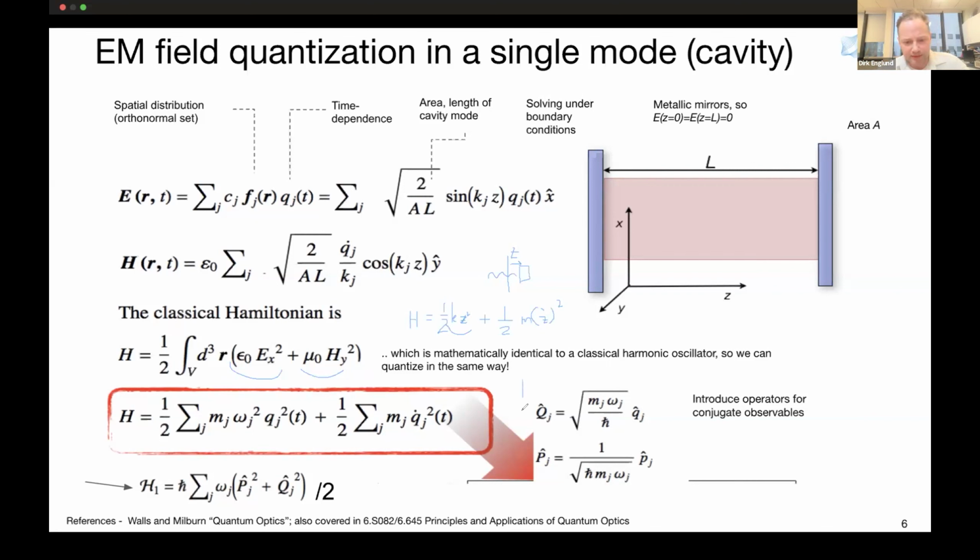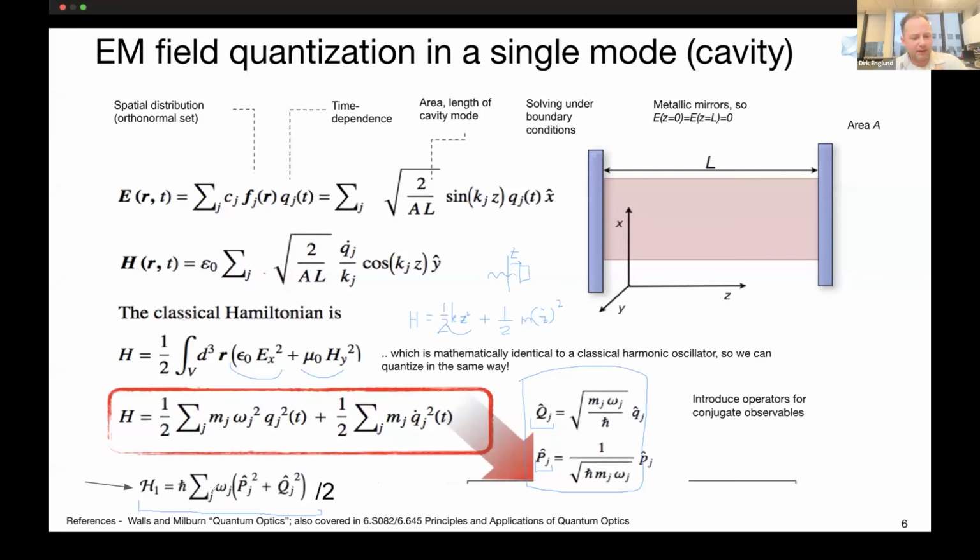And in this case, it's useful to introduce these variables. These are the conjugate variables that satisfy the Jacobi equations, where these are sort of the analogous terms for position and momentum, but in this case they're related to the electric and the magnetic fields. Written in these forms, we can write the total Hamiltonian in this form, which will be familiar to those of you who have already taken quantum mechanics.